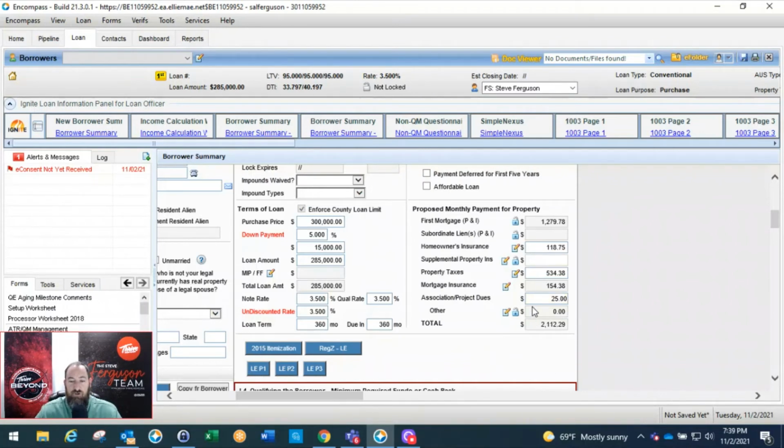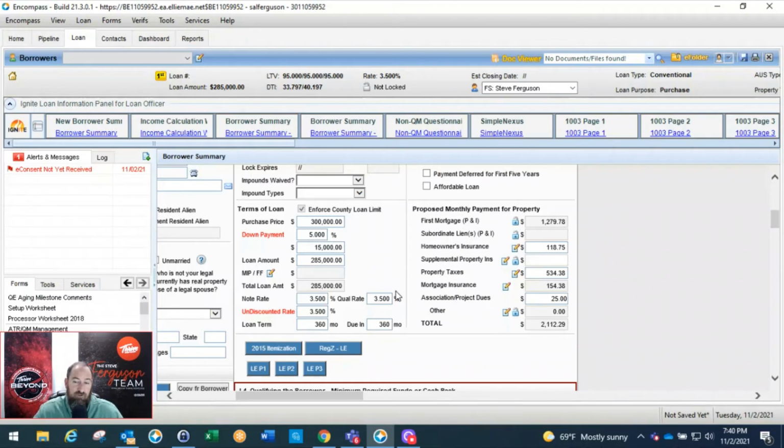So now your total mortgage payment is $2,112.29. And you can see up here that your debt to income ratio has changed accordingly. We're still below the 50% debt to income ratio, which is great. That means assuming excellent credit and that everything else in your file looks good, you have a great option here to qualify for this mortgage at a $300,000 purchase with 5% down on a conventional loan.